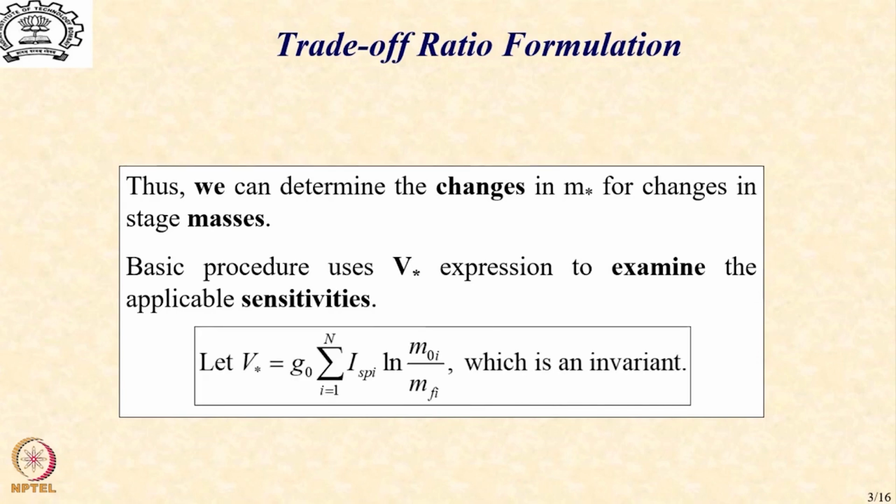So let V star be g naught sum over i equal to 1 to n of Isp_i ln of m naught i by mfi, treated as a variant. You note that m naught i and mfi have already been defined while discussing the multi-stage rocket configurations.